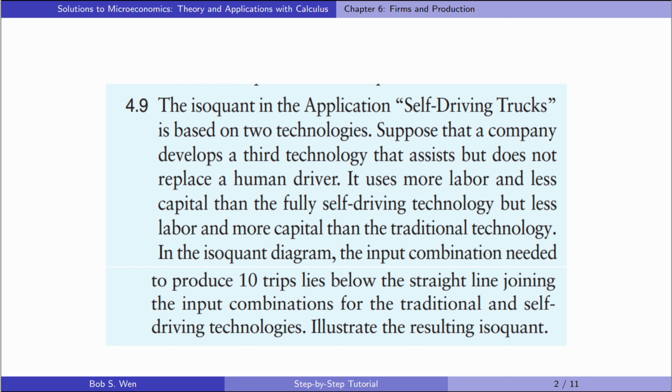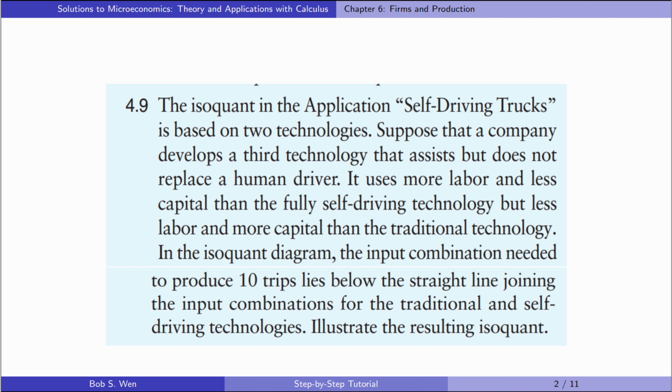It uses more labor and less capital than the fully self-driving technology, but less labor and more capital than the traditional technology. In the isoquant diagram, the input combination needed to produce 10 chips lies below the straight line joining the input combinations for the traditional and self-driving technologies.